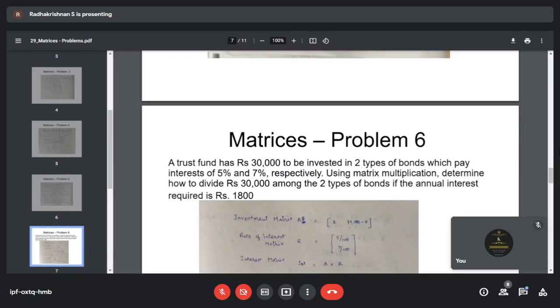So you write your investment matrix like this, rate of interest matrix like this, and write the product.